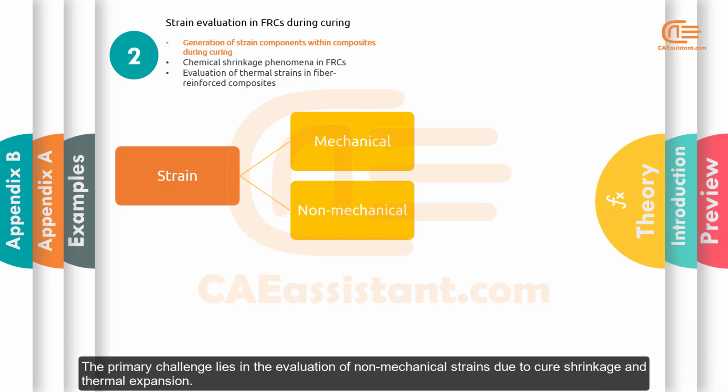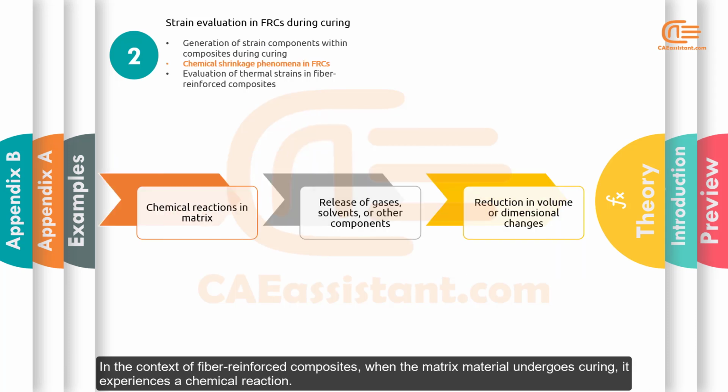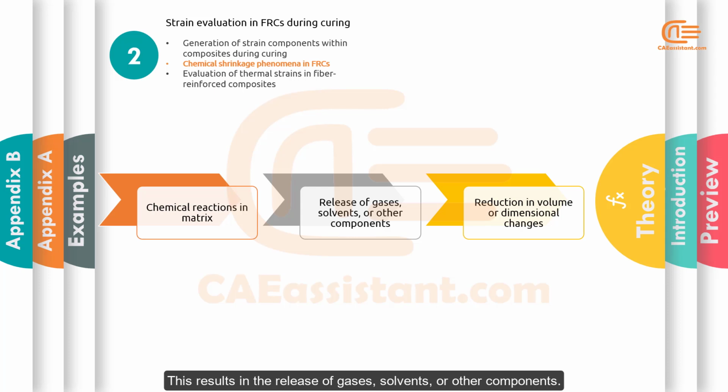The primary challenge lies in the evaluation of non-mechanical strains due to cure shrinkage and thermal expansion. In the context of fiber-reinforced composites, when the matrix material undergoes curing, it experiences a chemical reaction. This results in the release of gases, solvents, or other components.